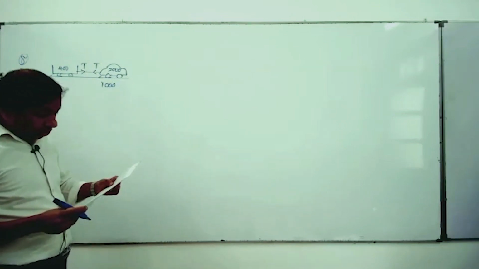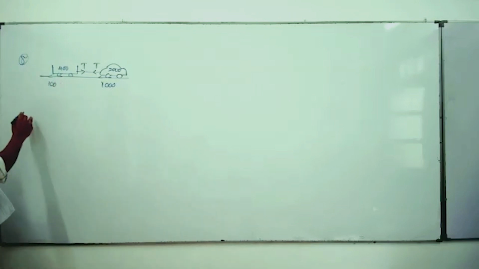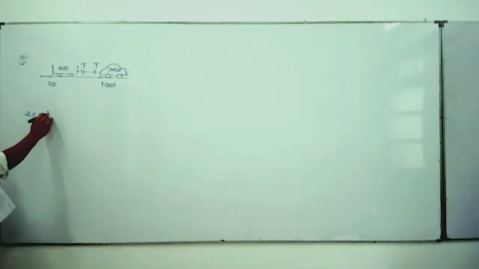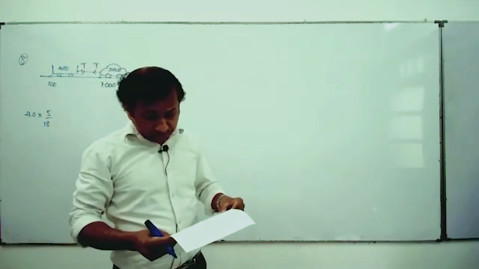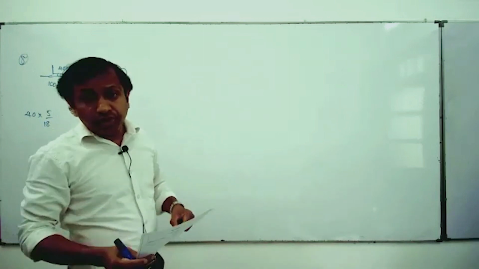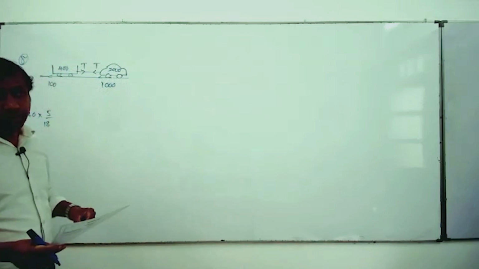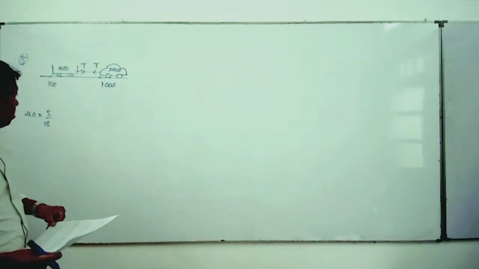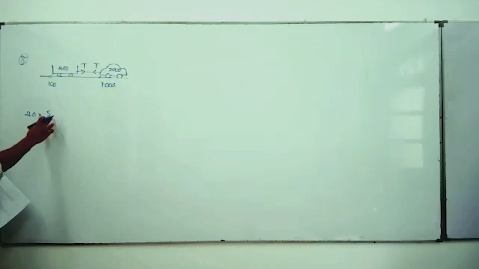When the car and caravan both move with velocity 40 kilometers per hour, we can convert 40 kilometers per hour to meters per second by multiplying by 5 and dividing by 18, no? Correct, no? 40 kilometers per hour. Then we can convert it to meters per second, multiplying by 5 by 18.